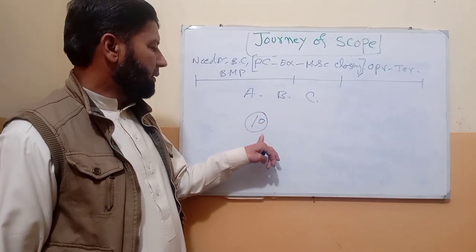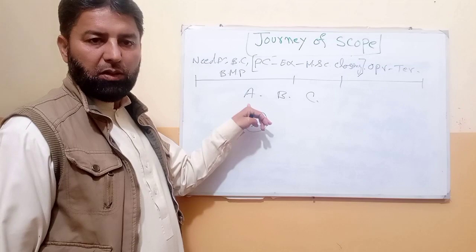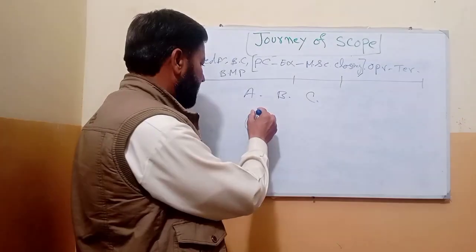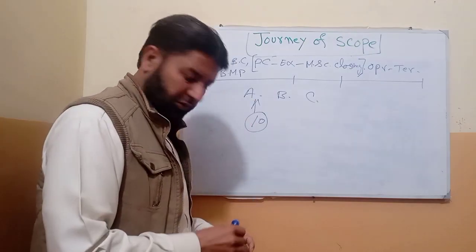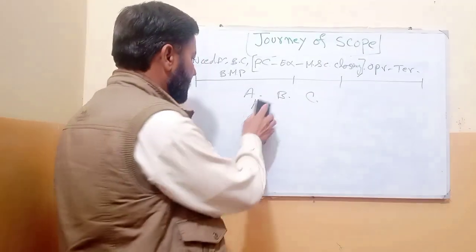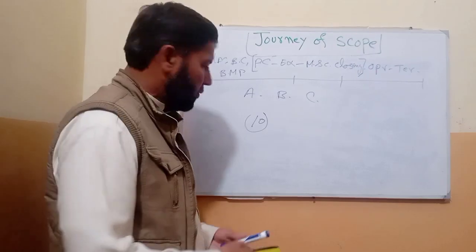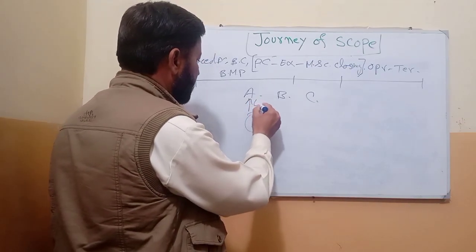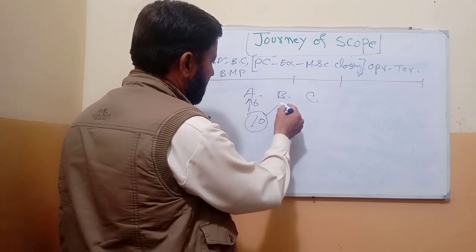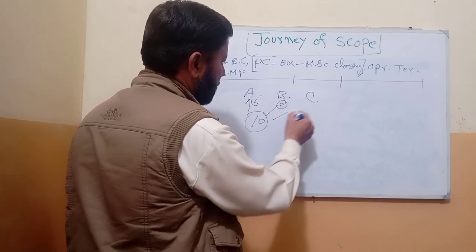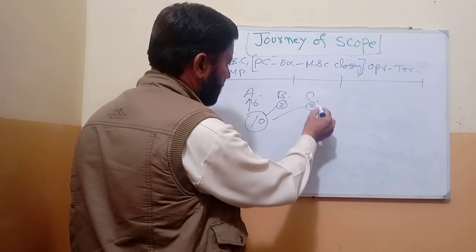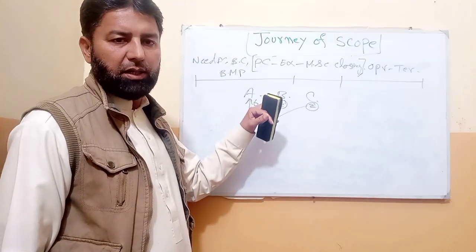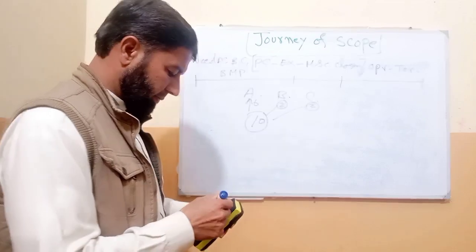When all 10 people vote on one side, we call it unanimity or a unanimous decision. Then the next one is majority. 10 people vote: 6 people vote on A, 2 people vote on B, and 2 people vote on C. When more than 50% of people vote on one side, we call it majority.